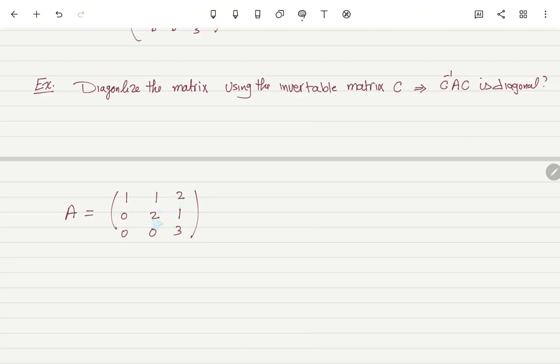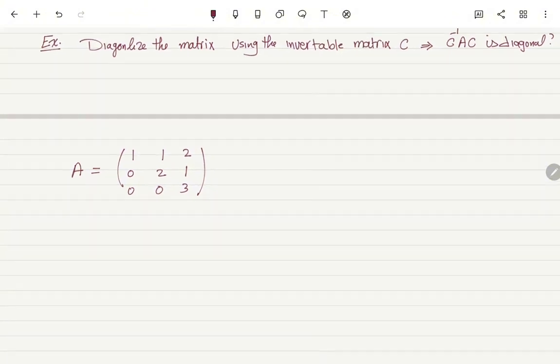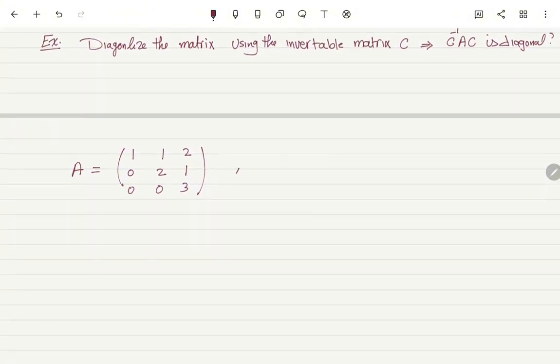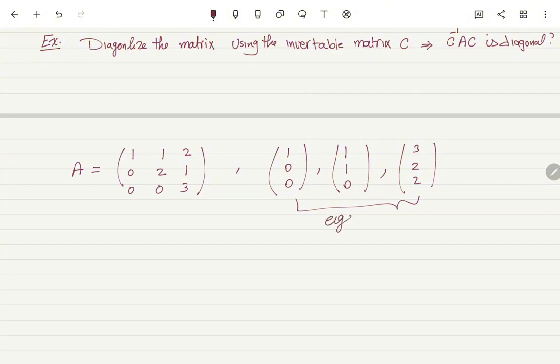The eigenvalues, remember, are 1, 2, 3, and the eigenvectors for this matrix are 1, 0, 0, and 1, 1, 0, and 3, 2, 2. We solved for these eigenvectors in the previous example.